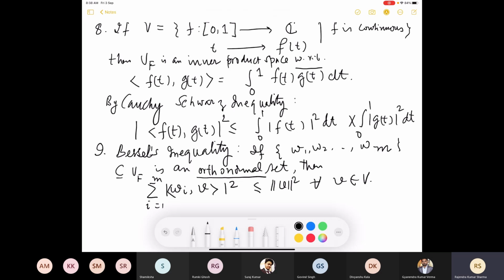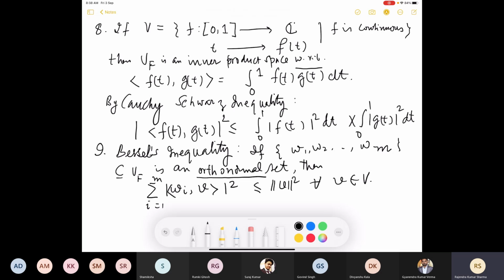Orthogonal means two vectors are said to be orthogonal if they are perpendicular. And here, perpendicular, if you remember in R2, was equivalent to saying that the angle between them is pi by 2, and that leads equivalently to the dot product being 0. So taking the cue from there, we define two vectors to be orthogonal if their inner product is 0.